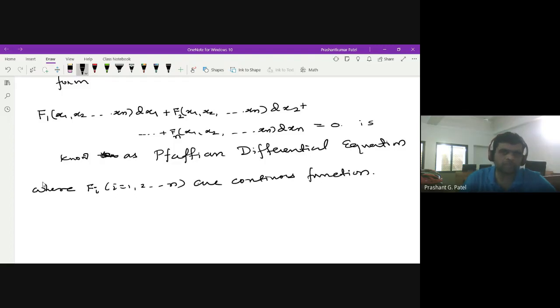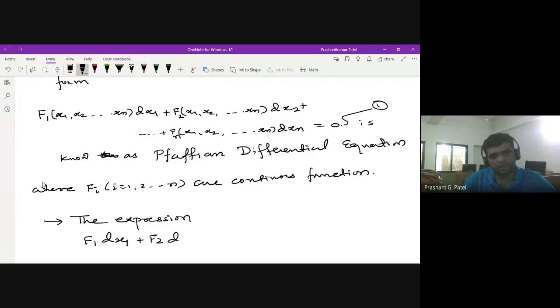And the expression which we have on this side, if I call it equation number 1, the expression on the left hand side of equation 1 is called the Pfaffian differential form. So the expression F1 dx1 plus F2 dx2 up to Fn dxn.